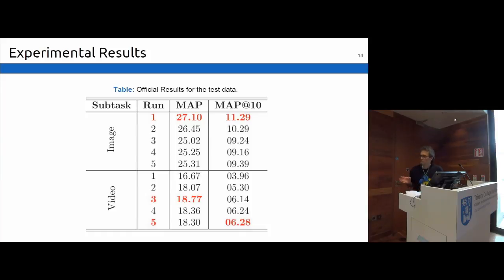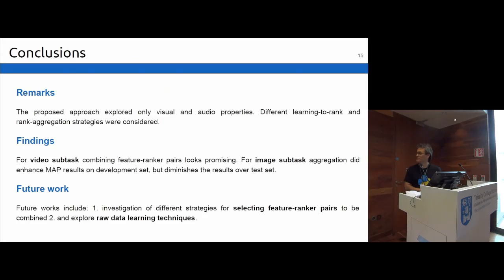As expected, run 3 for video got the best result for MAP, while for MAP at 10 it was close, but the best was run 5. And for image, we got a horrible surprise: our aggregation methods got worse results than a single feature result. So it was not a good surprise.